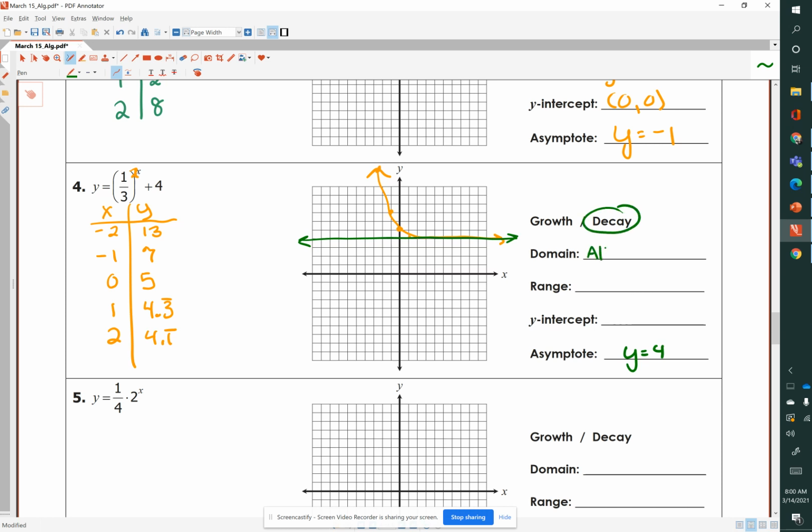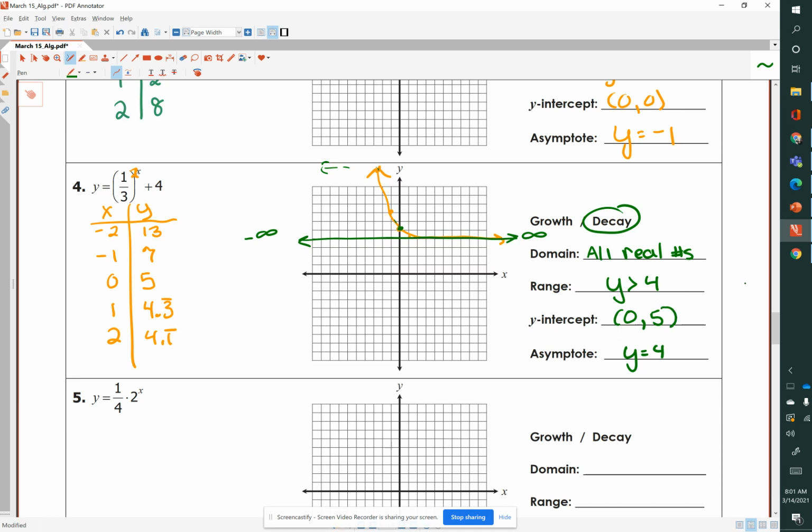The domain is all real numbers, because this will eventually go to infinity and -infinity, because as this graph goes up, it will also go outward toward the left, toward -infinity on the domain. On the range, this function will never go below y equals 4. So the range is all values where y is greater than 4. And the y-intercept, as we see right here, is 0, 5.